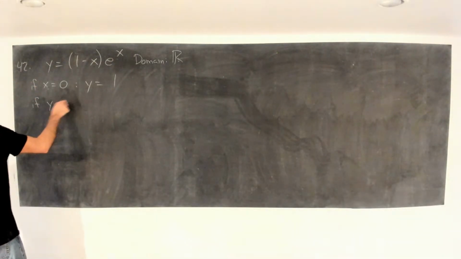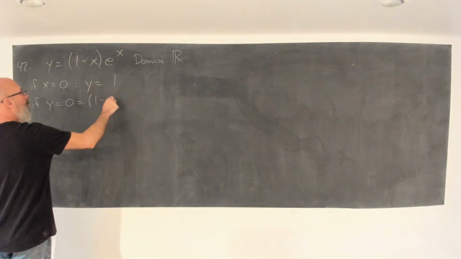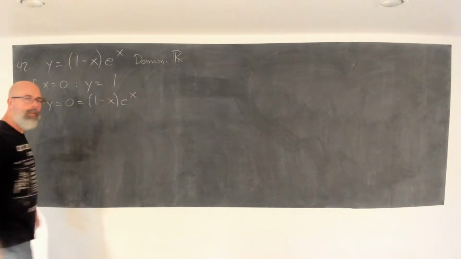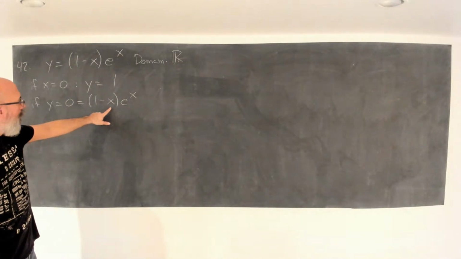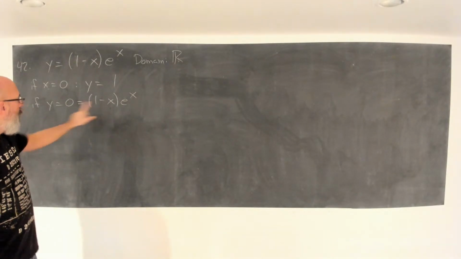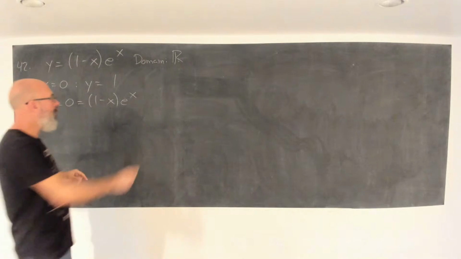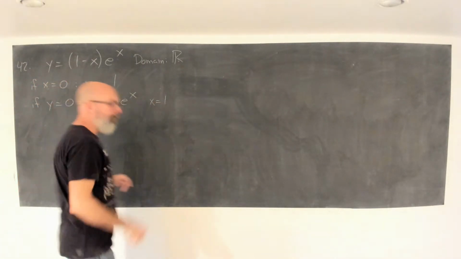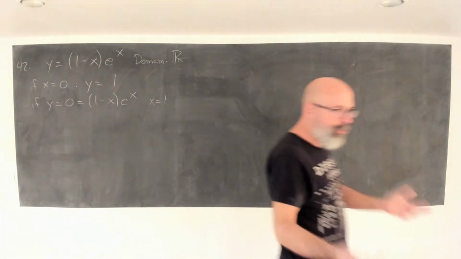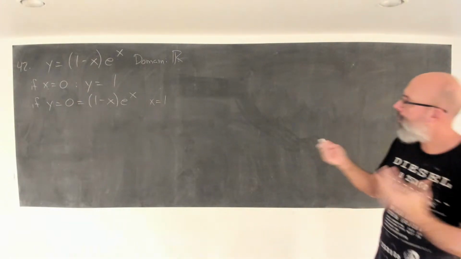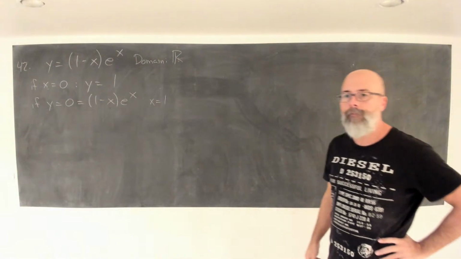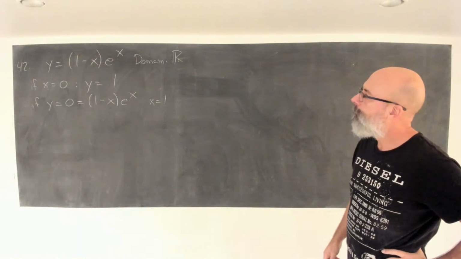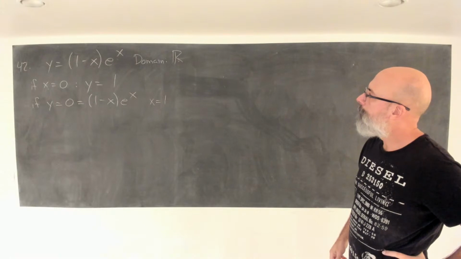And if y is 0, in fact, as Matthew points out, when y is 0, x is 1. Right? So x equals 1 is actually the x-intercept. Excellent.